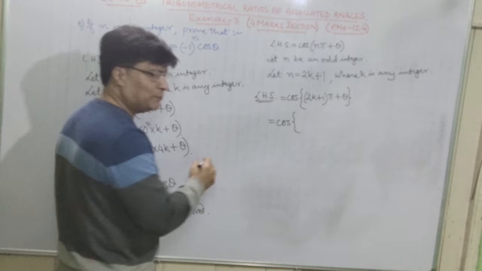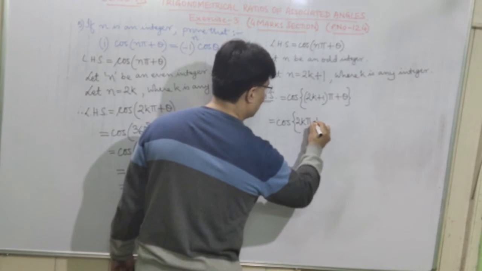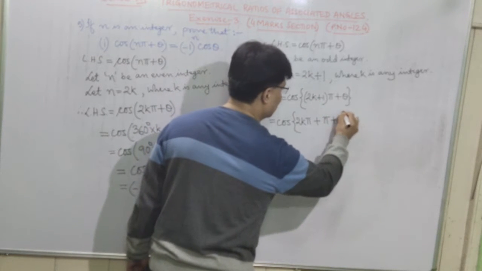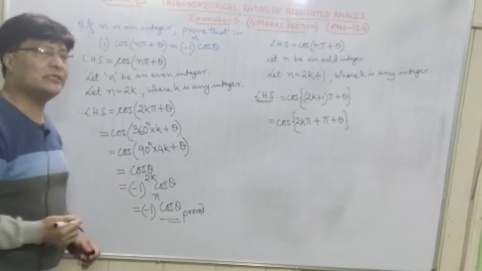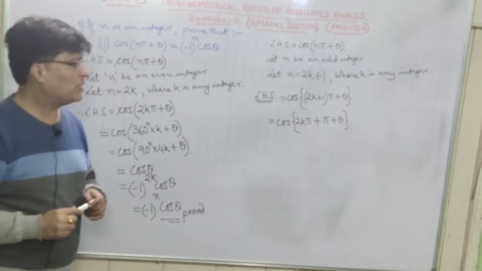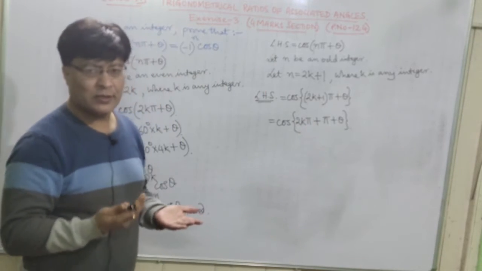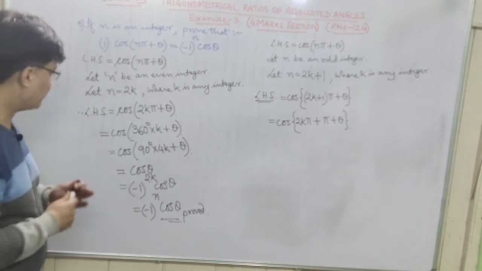Let us multiply them. 2k into pi, 2k pi plus 1 into pi, pi plus theta. So now how will you evaluate this expression now? अब हामी यो expressions को formula चाहिँ के हुन्छ? So how can you evaluate this expression now?